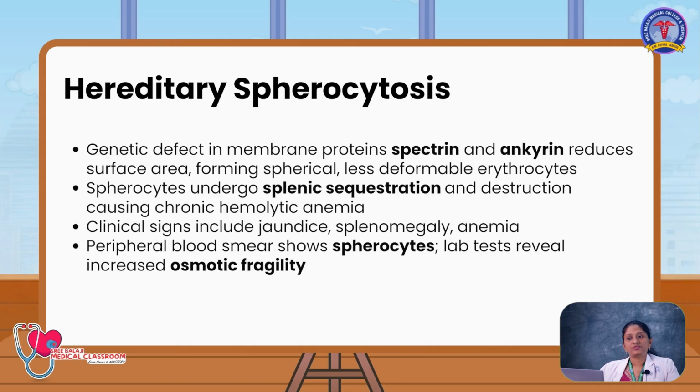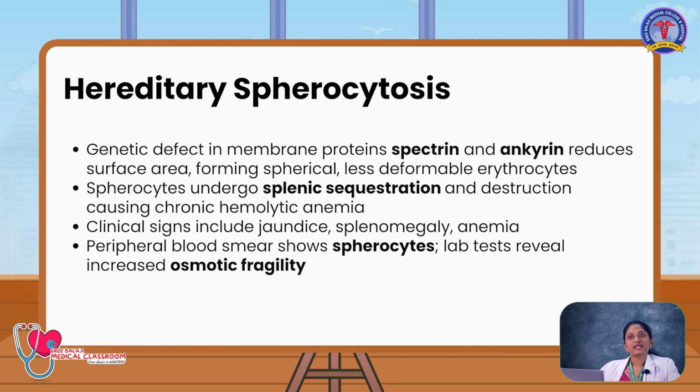Hereditary spherocytosis is a genetic red cell membrane protein defect which results in spherical erythrocytes which are prone to hemolysis. The genetic defect is in the red cell membrane proteins, namely spectrin and ankyrin, which reduce the surface area of the red cell, forming spherical and less deformable erythrocytes.